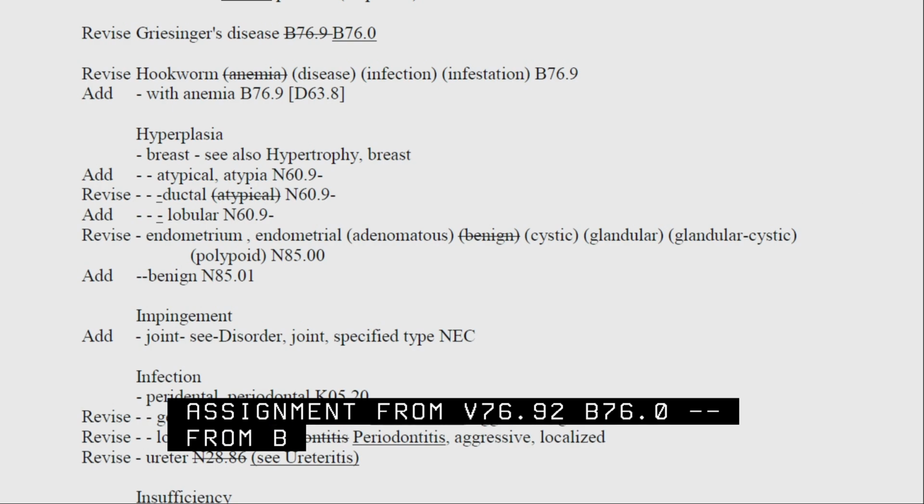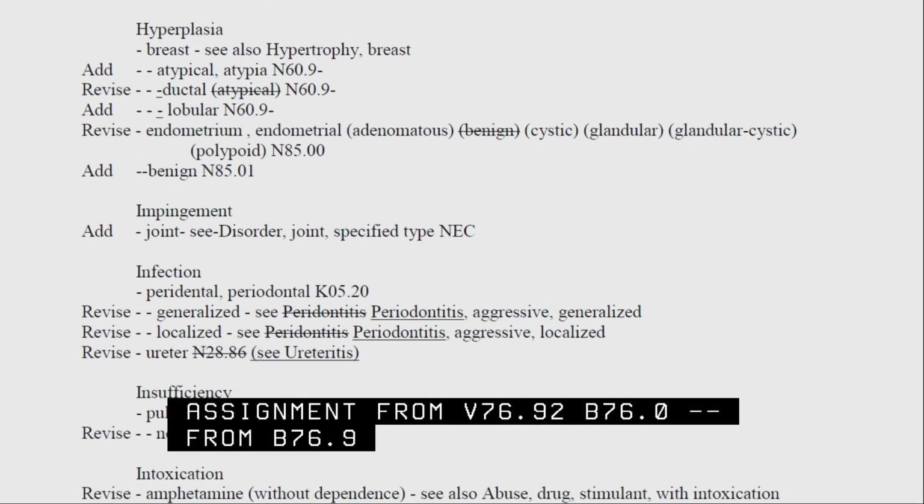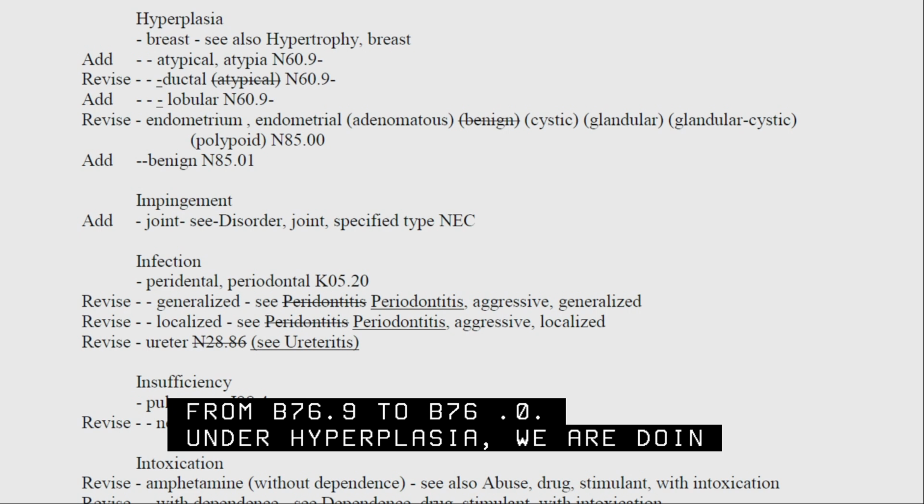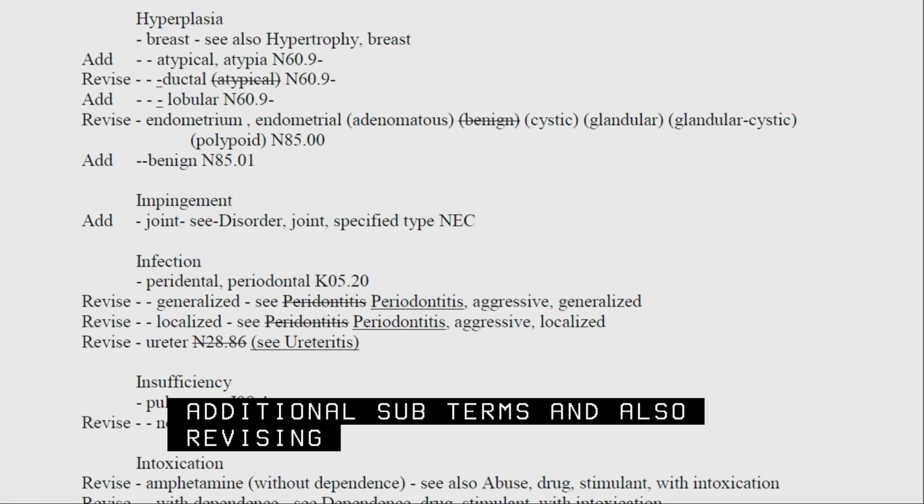Under hyperplasia, we're adding some subterms, and we're also adding the location, for instance, 1 dash or 2 dashes.